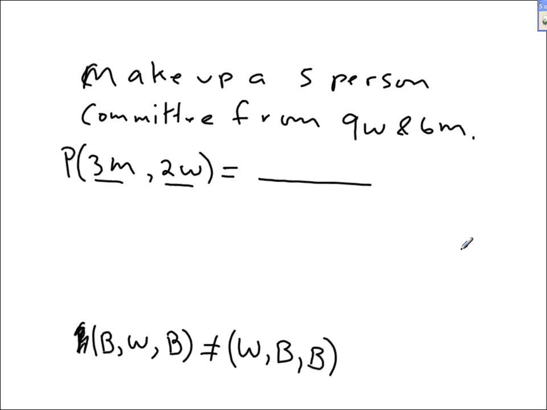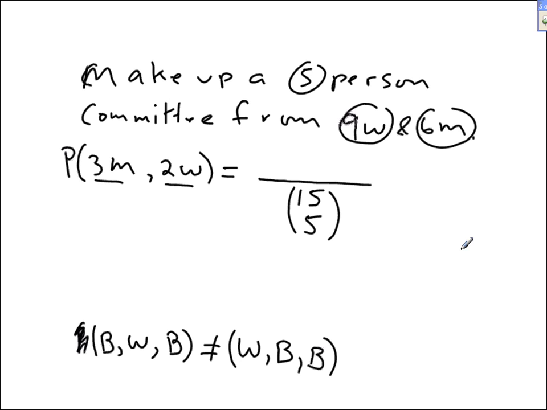All right, so now in the bottom we have 15 people. From 15 people, we want to choose 5. That's the total size of the sample space. How many different 5-people committees can you pick or make from 15 people?